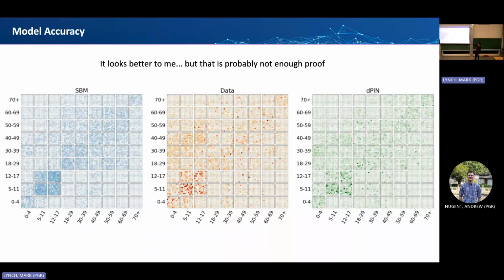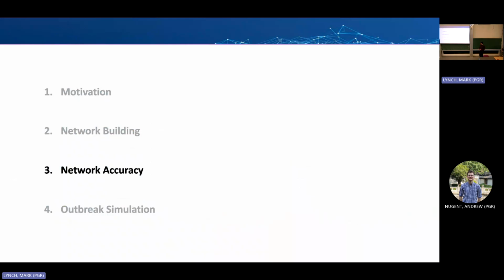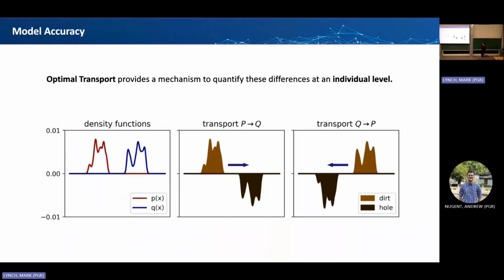In the middle, we have the data, which looks quite different to that. And then my model, which maybe looks a bit more accurate, but it's hard to tell from just an image like this. So we have to find a method to actually calculate how accurate our model is to the data. To do this, we use optimal transport.